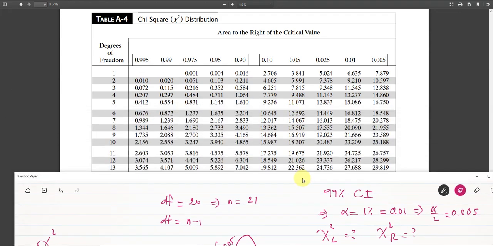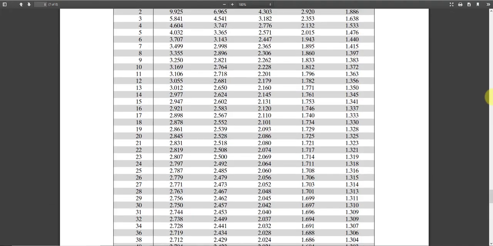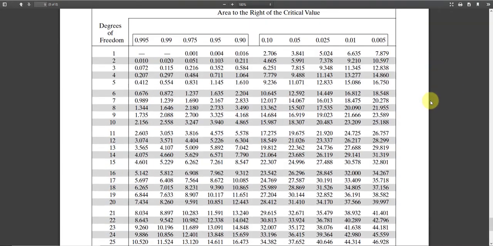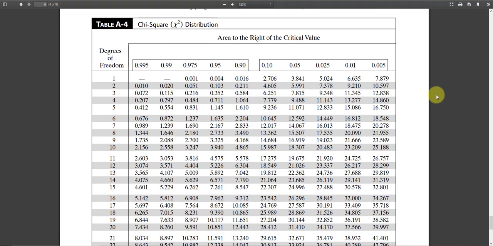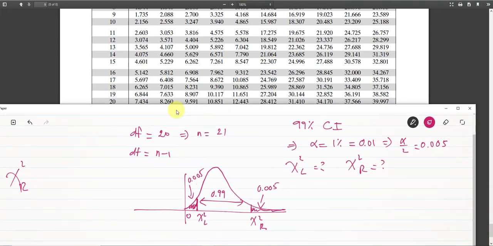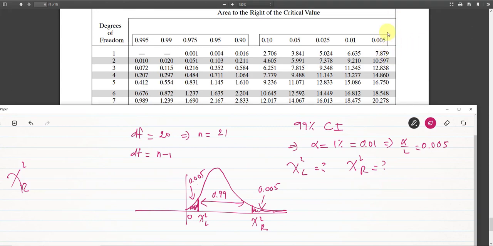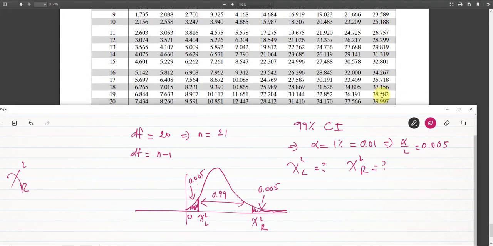So you want to go all the way down here. This is chi-square. So 20 is this row, and 0.005 is the last one. So the last one of 20 is 39.997. That is the chi-square of the right tail.